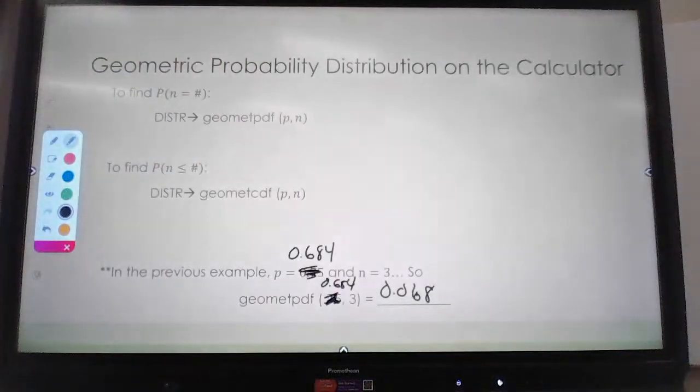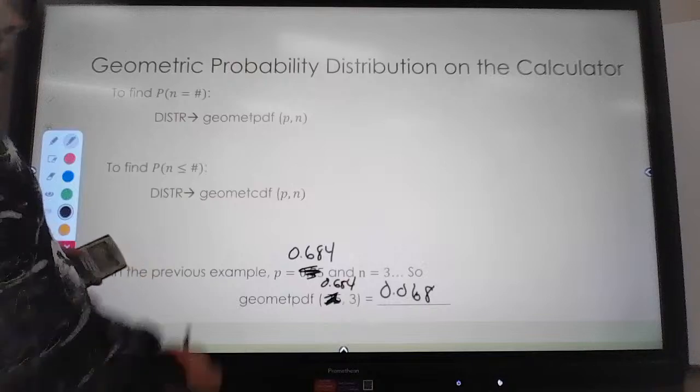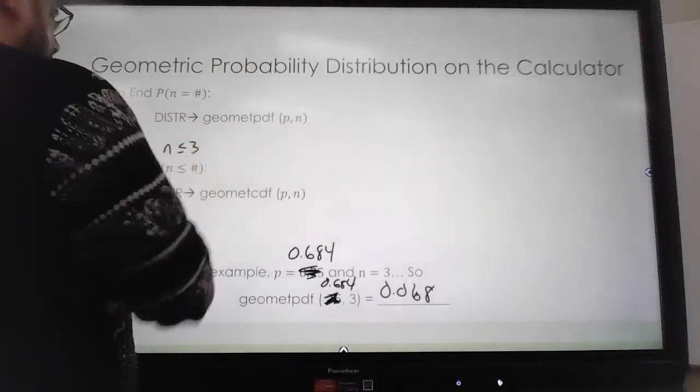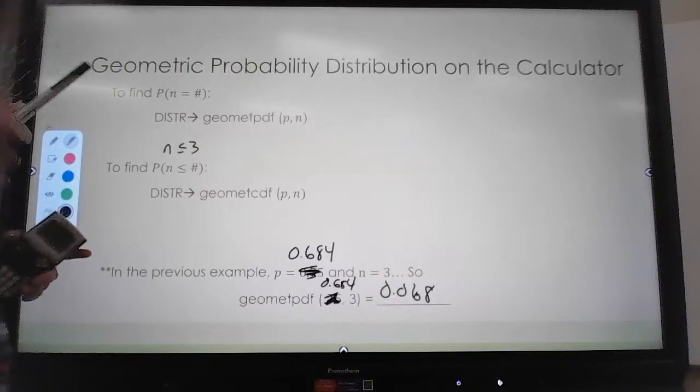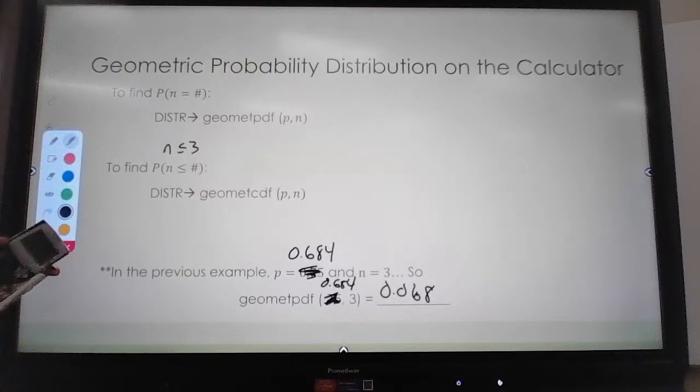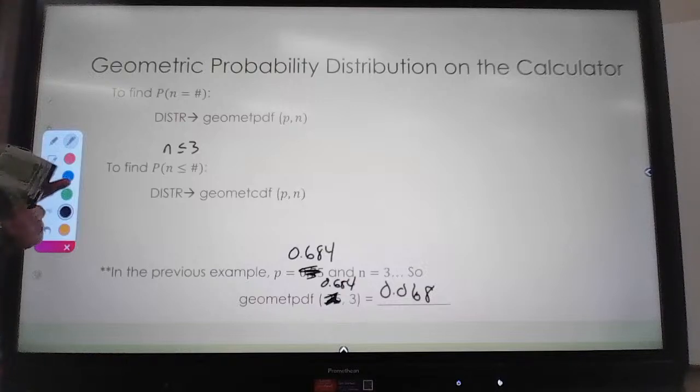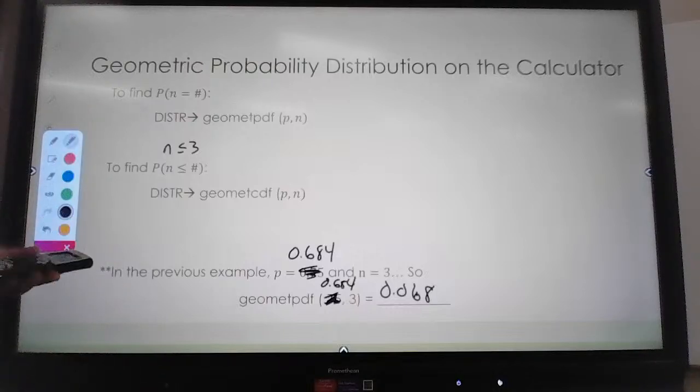Now for geometCDF, that's to say, if I'm doing n less than or equal to 3, that's like saying, what's the probability that Derek Carr will complete his next pass no later than his third attempt? Or what's the probability that he'll complete his next pass before his third attempt? Okay, so that's just another way to interpret a CDF calculation, right?